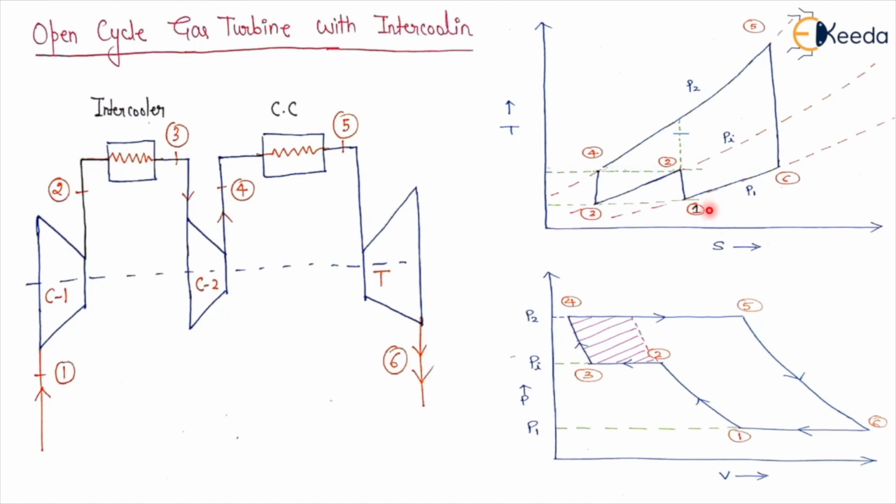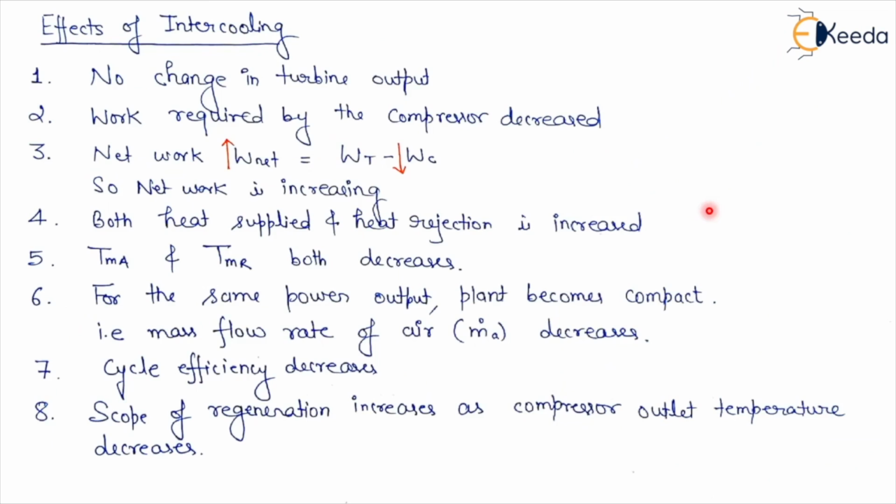So in this case, work input has been reduced. So for the same work output, work input to the compressor has been reduced. So what we will do, we will use a lesser amount of air. Because of that, the size of the plant will decrease.